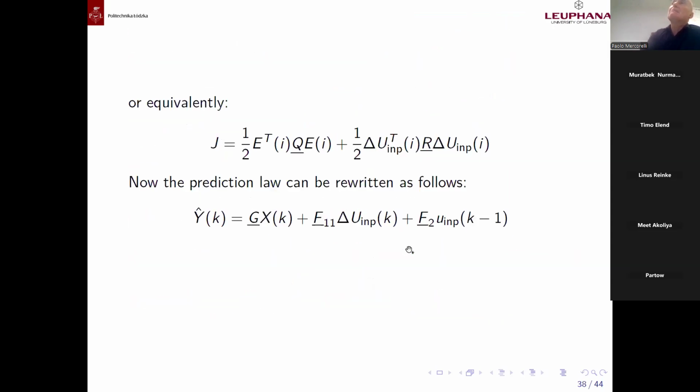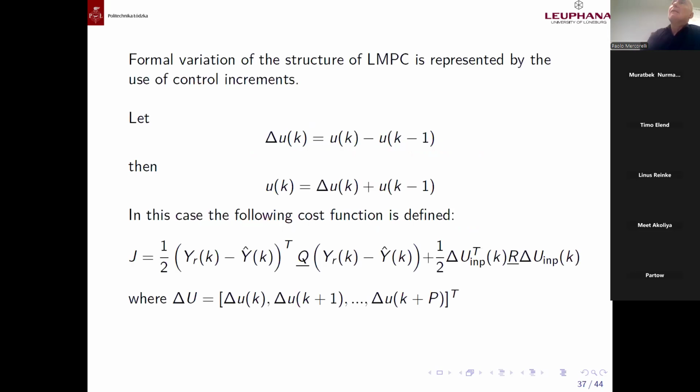Let me skip this. Look at this, another variation. If I now consider UK minus UK plus 1 equal delta UK, this means UK is equal delta UK plus UK minus 1, and we can rewrite the problem in this form here, in which we are looking for the delta UK, the variation.